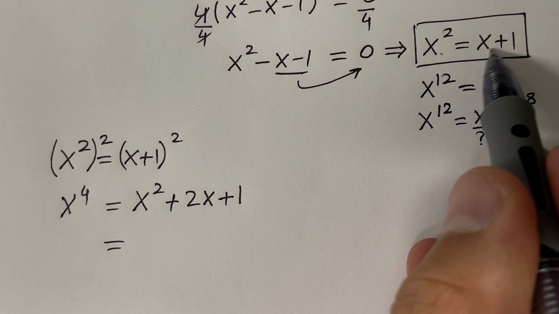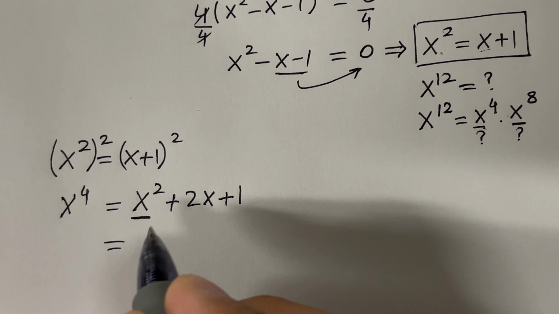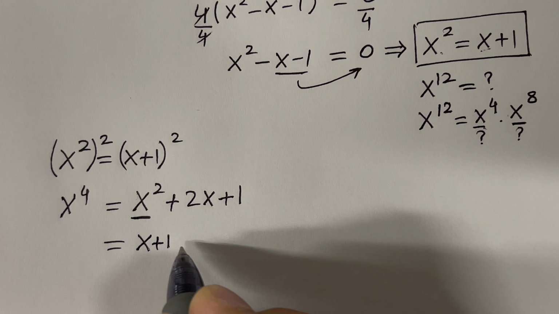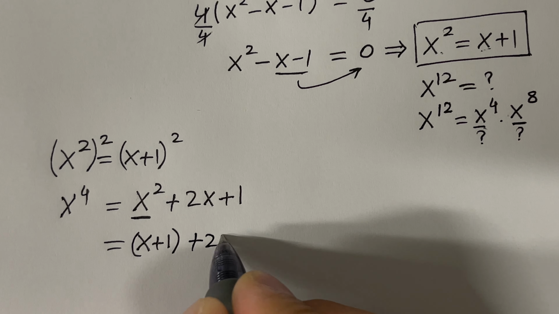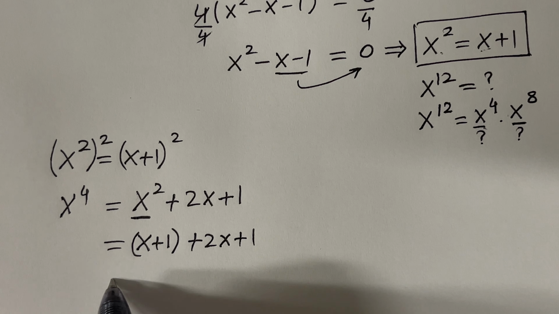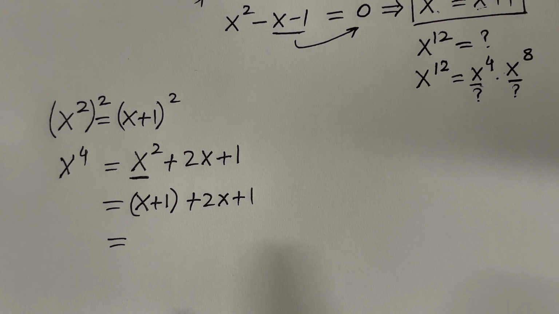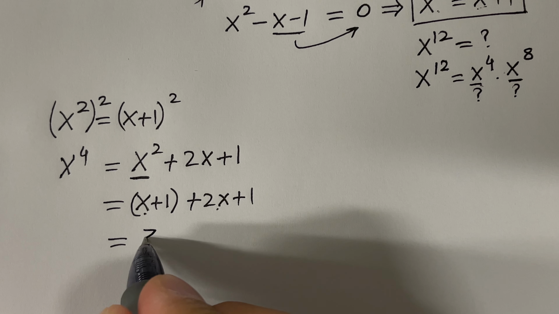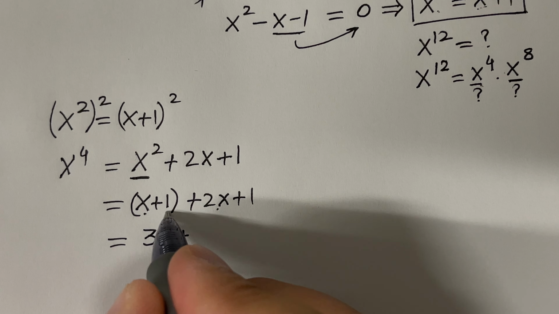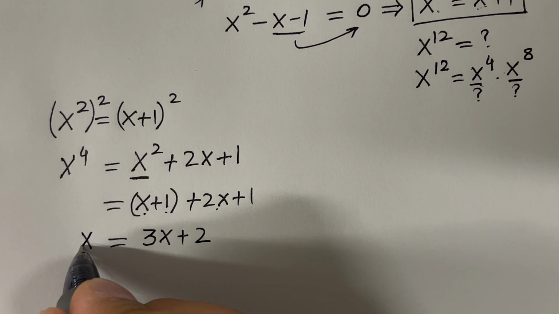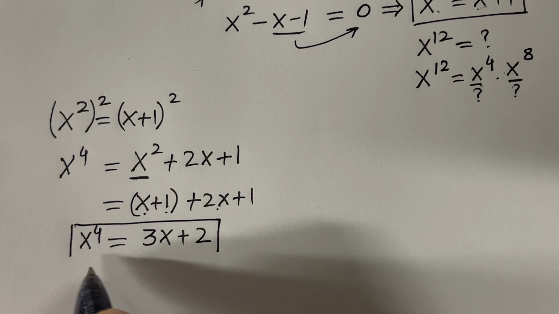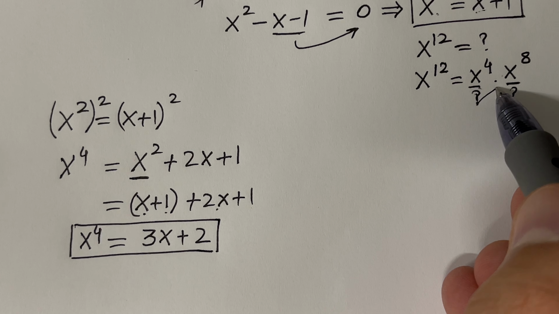And again, x square is x plus 1, so I can replace it as x plus 1 plus 2x plus 1. Now if you simplify, then x plus 2x is 3x, plus 1 plus 1 is 2. So x raised to the power 4 is equal to 3x plus 2. So we got this.